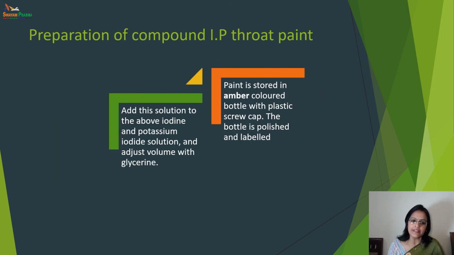Now to complete it, add this solution to the above iodine and potassium iodide solution with continuous stirring and adjust the final volume with the remaining portion of glycerin.